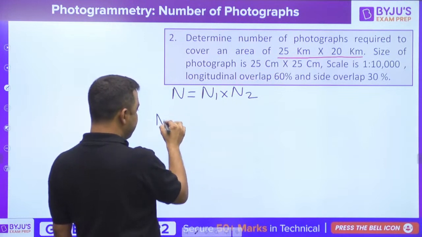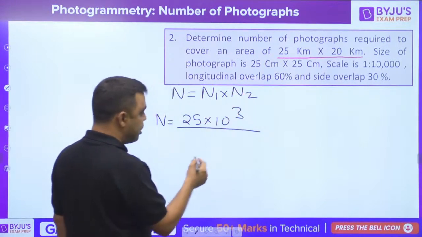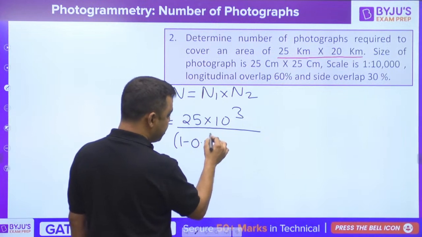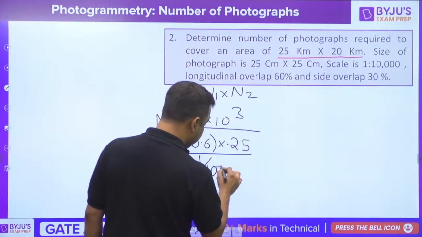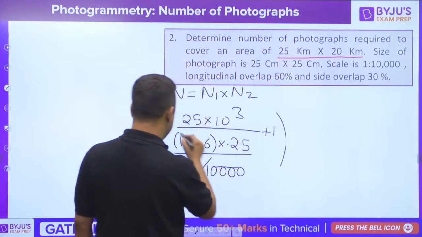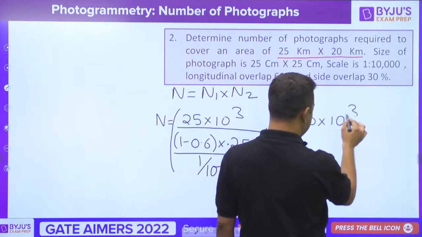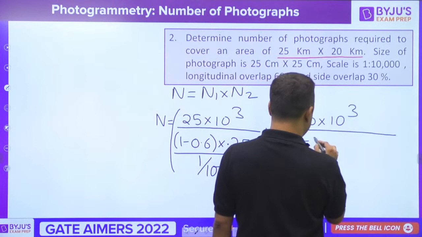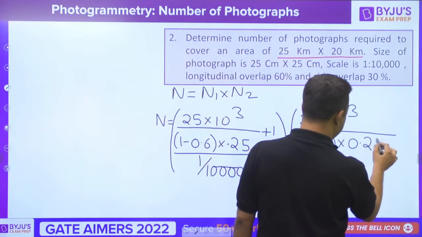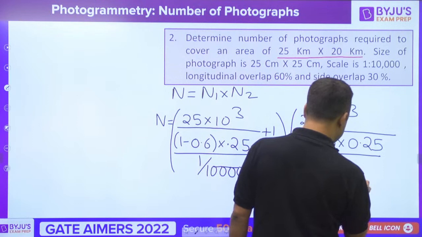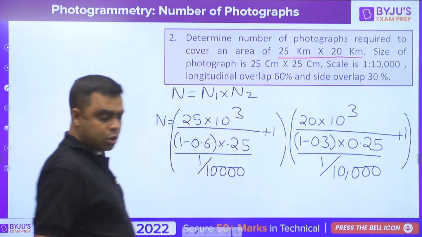So, N will be equal to 25 into 10 to the power of 3, 25 kilometers, divided by 1 minus 0.6 into 0.25, 0.25 divided by 1 by 10,000, plus 1, into 20 into 10 to the power of 3 divided by 1 minus 0.3, that is 30% overlap, into 0.25 divided by 1 by 10,000, again plus 1. So how much will be this value?